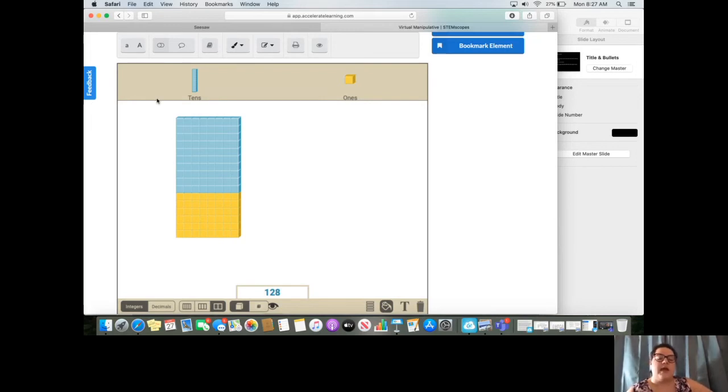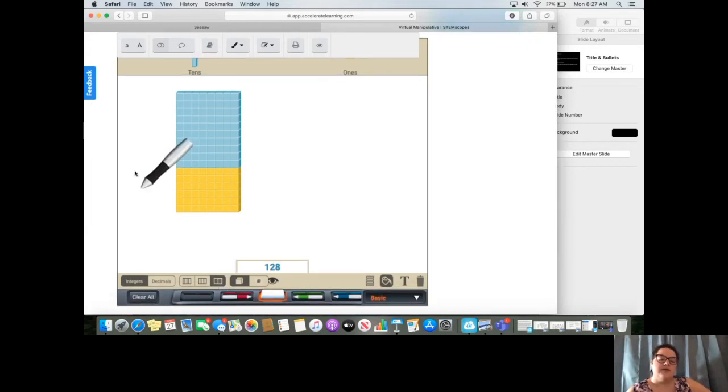However, we're doing an area model. So our next step is going to be to write our 10 plus our 6, and then our 8 up here.